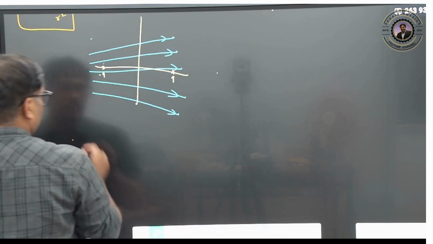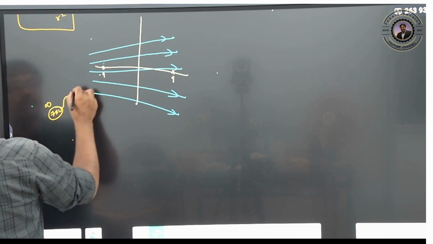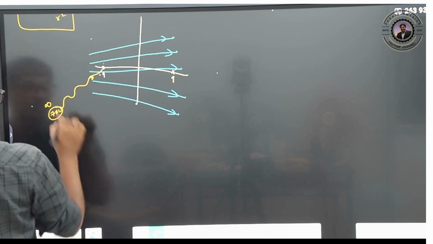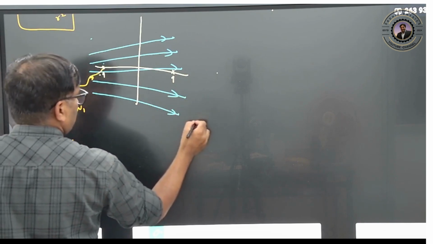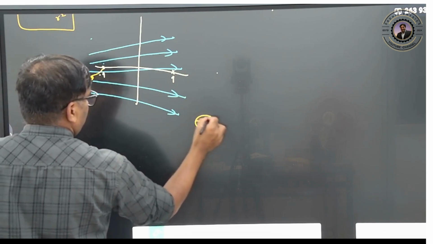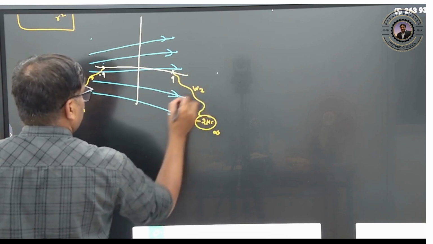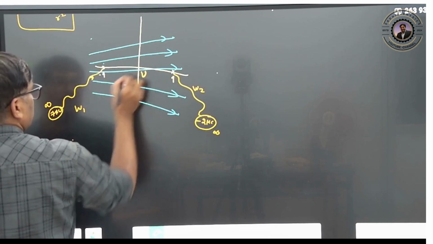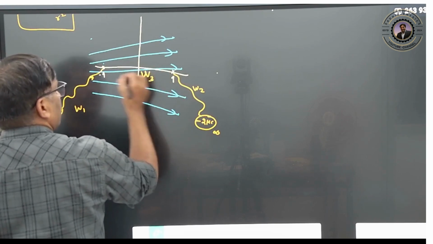So this 7 microcoulomb we have to bring from infinity to this point. We have to do the work done due to this, and also this minus 2 microcoulomb we have to bring from infinity to this point. Therefore work you have to do, and also the potential energy between these two. So work done against this one is W3.